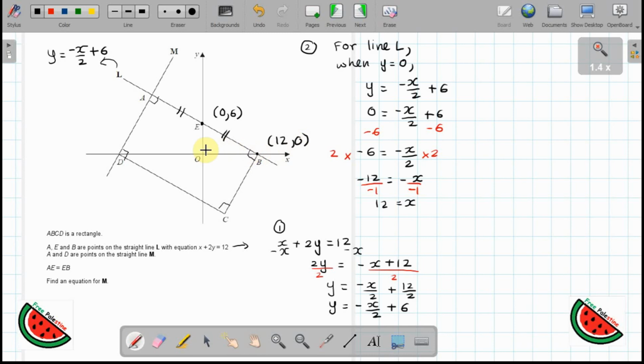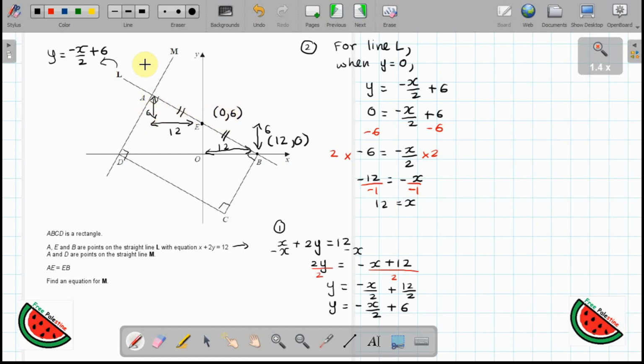So this horizontal gap is 12, and the vertical gap is 6. Since EB is the same as EA, this horizontal gap is also going to be 12, and the vertical gap is going to be 6 over there.